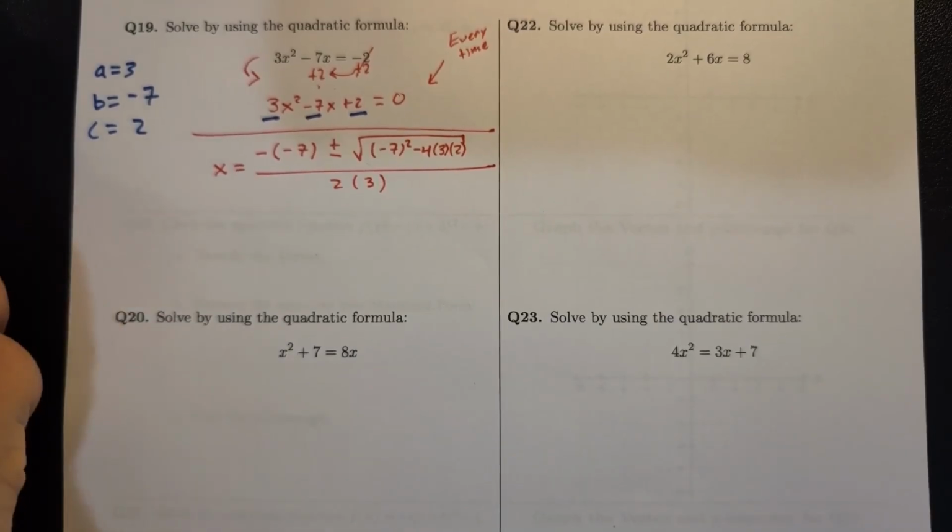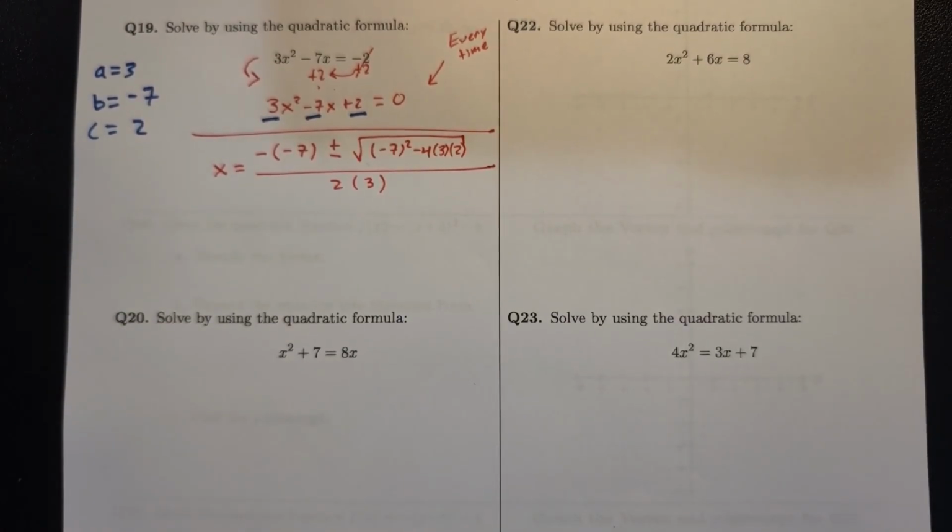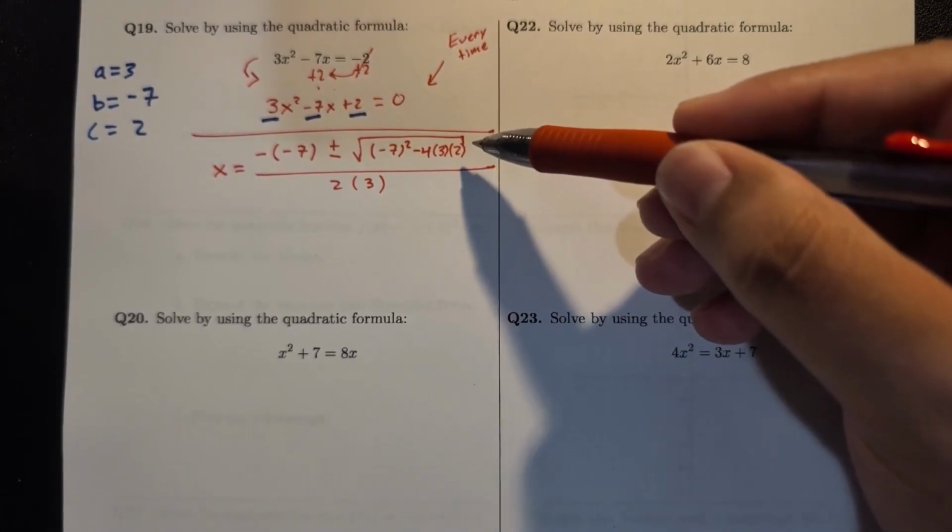Okay, so on your calculator, I don't want you to do everything all at once. What I want you to do is just focus on the inside of your square root.